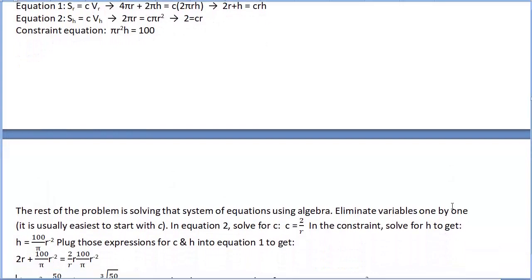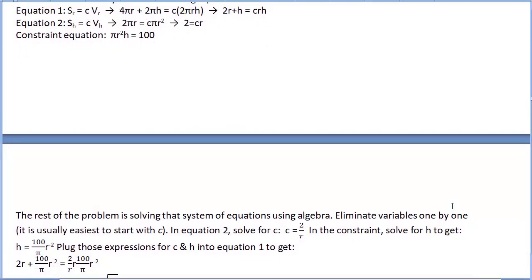Okay. So plugging into this equation, we've got an expression for c and an expression for h. So that gives 2r plus 100 over pi r to the negative 2 equals 2 over r times 100 over pi r to the negative 2. And notice that we've eliminated c, we've eliminated h, and now we've got just an equation in r, and now we have to go ahead and solve that.